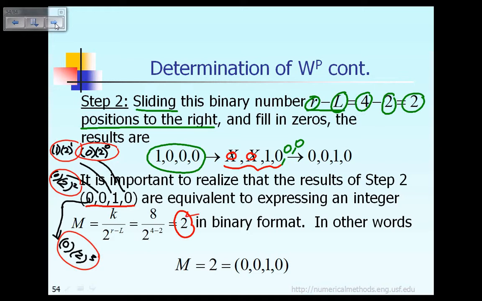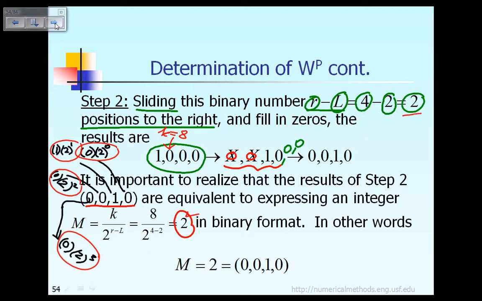So, to make the story short, from step 1, the value k equal to 8. In step number 1, we express 8 in terms of the binary form, like 1, 0, 0, 0. Then in step number 2, you slide this binary number to the right by 2 positions.